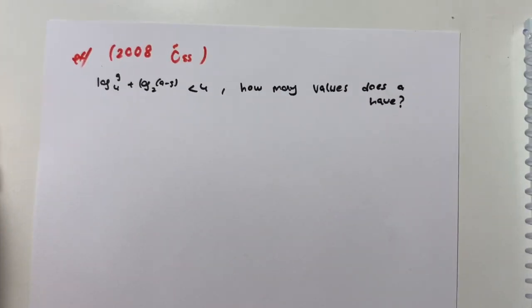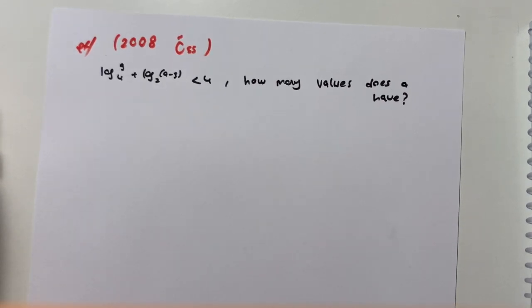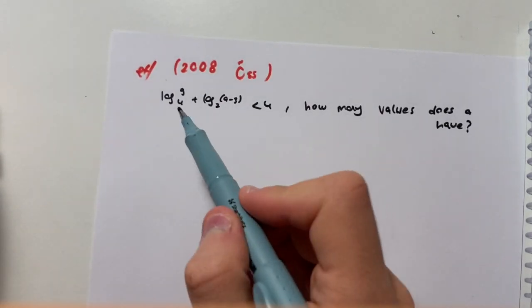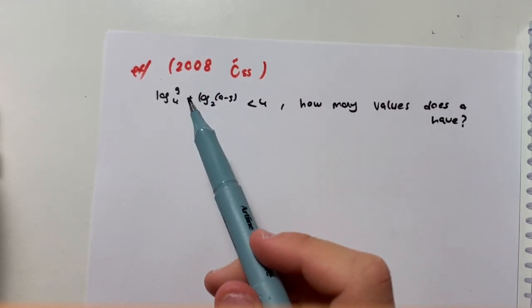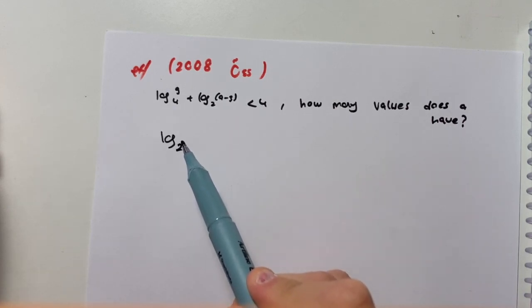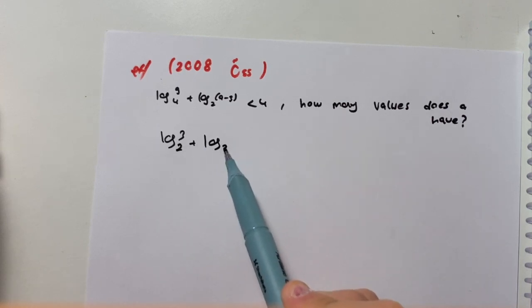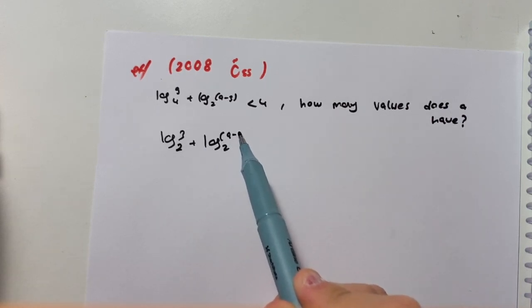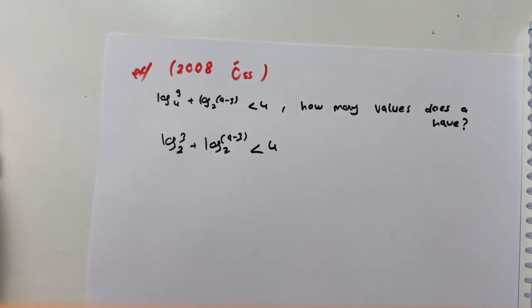Let's move on to this question. This question is a previously asked question, so this is important because it was asked before, and you might face it again. If we solve it, this is 3 to the power of 2 and this is 2 to the power of 2, so the powers cancel each other, so this is just logarithm base 2 of 3, and this is the same, logarithm base 2 of a minus 3 less than 4.